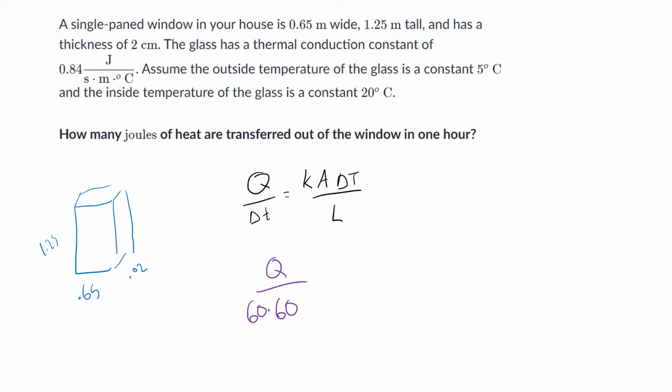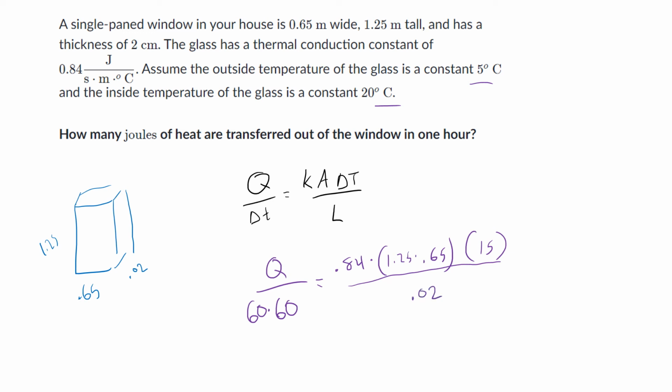Because this is per second. 60 seconds in a minute, 60 minutes in an hour is equal to K. The constant for glass is 0.84 times your area, so it's a rectangle, so 1.25 times 0.65. Remember, if you can't remember that formula, it's on your formula sheet. Your change in temperature, so 5 degrees outside, 20 degrees inside. So we're going to put 15, 20 minus 5, and then divide by the thickness of 0.02.